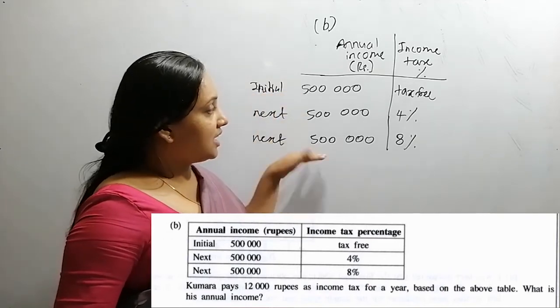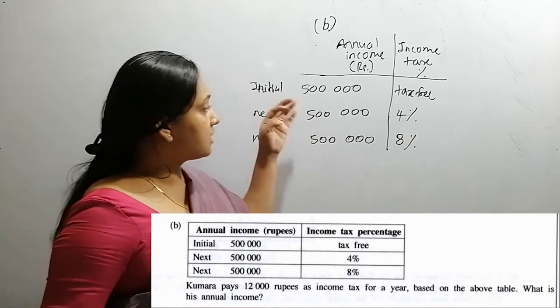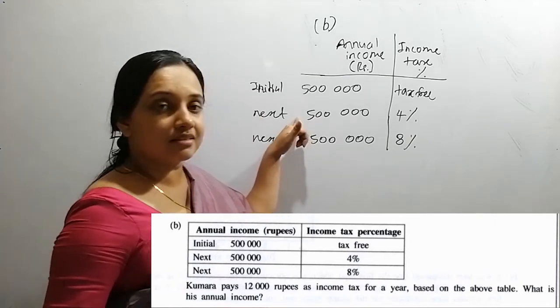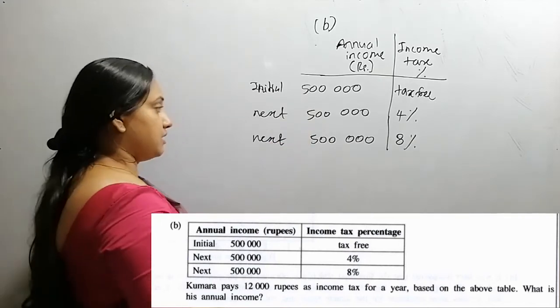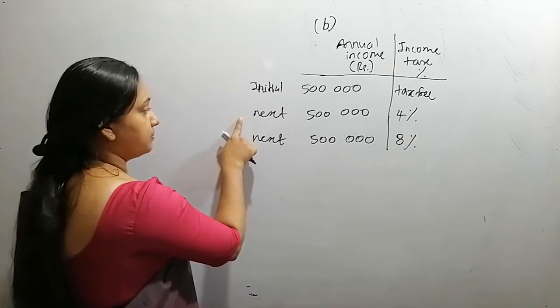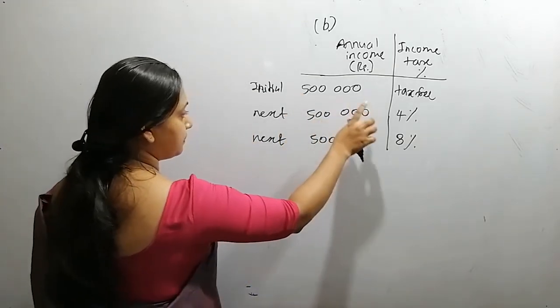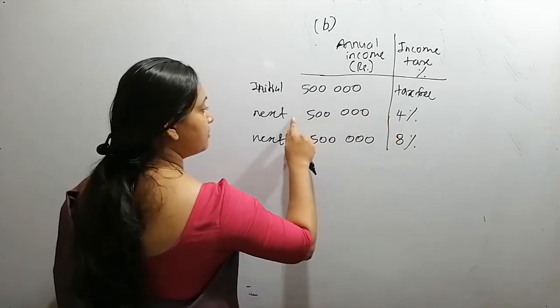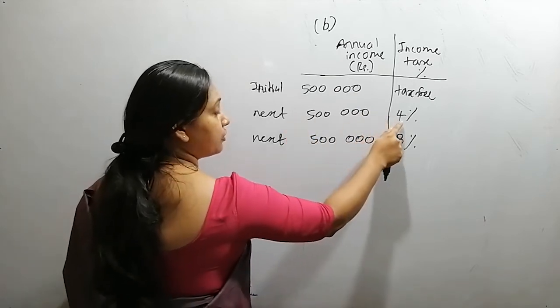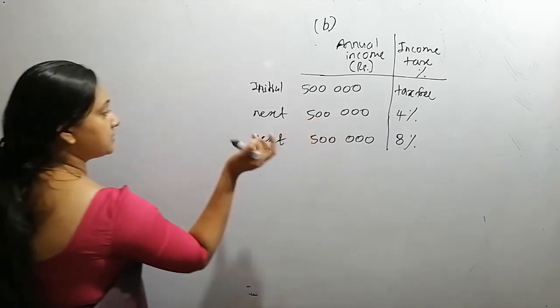Then we have to find whether paying 12,000 means his income belongs to this category or this category. First we will try the second rule. If the income is greater than 500,000 rupees, for the extra amount he has to pay 4% income tax up to the next 500,000 rupees.